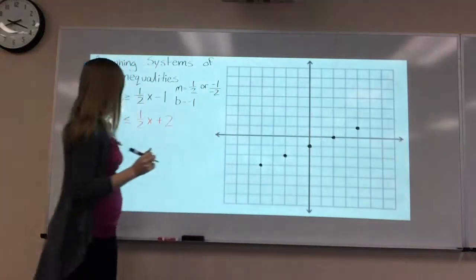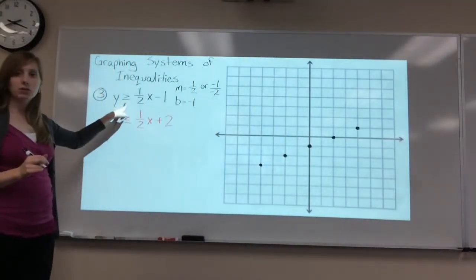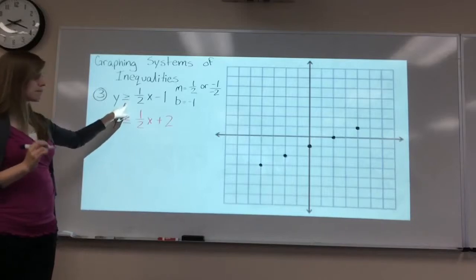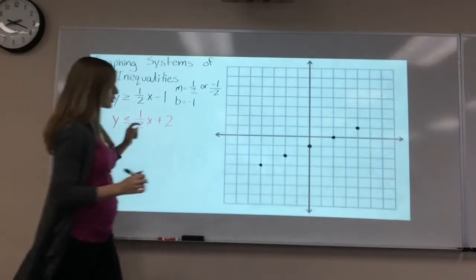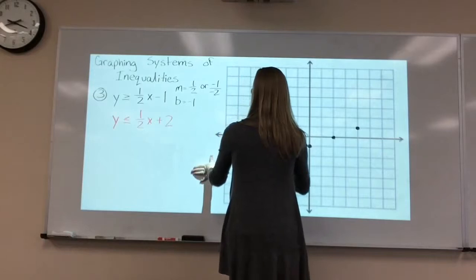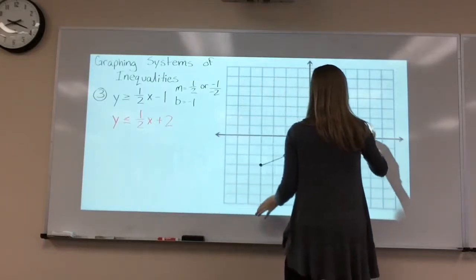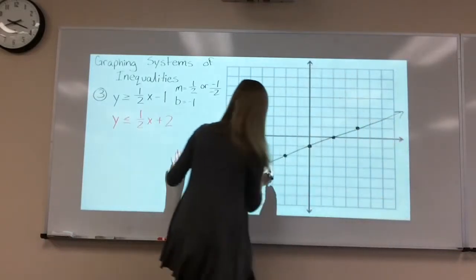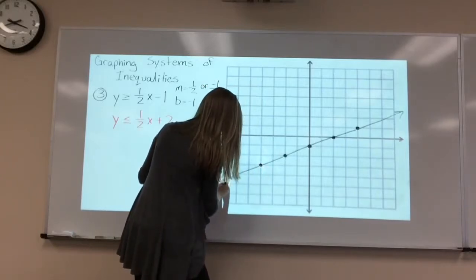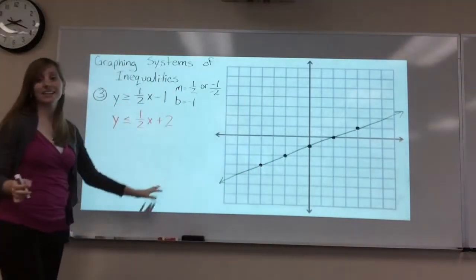Now, for the line, this has an equal to bar, which means my line must be solid. So I'm going to go ahead and connect my points with a solid line, here and here. And then I need to shade.